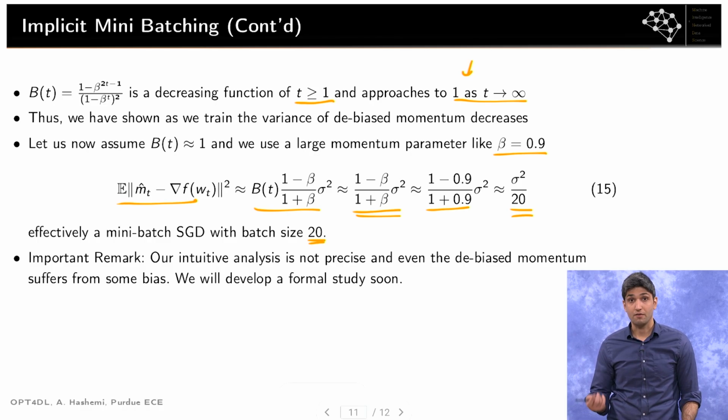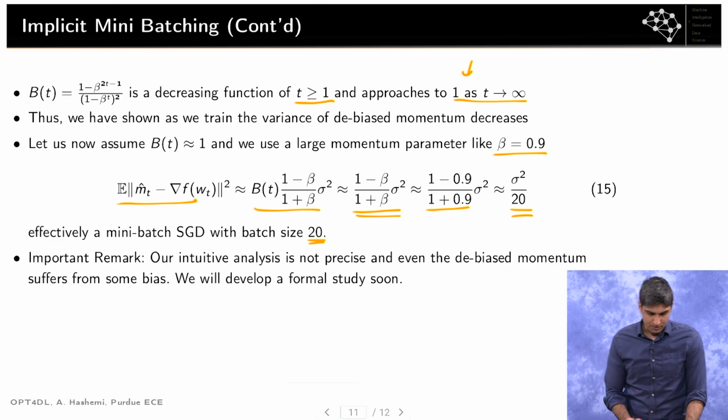we are gaining some bias, which is vanishing as the algorithm converges. But on the other hand, and more importantly, we are drastically reducing the variance, such that collectively, the estimation error associated with the momentum is in fact smaller than the estimation error for just a simple SGD algorithm.